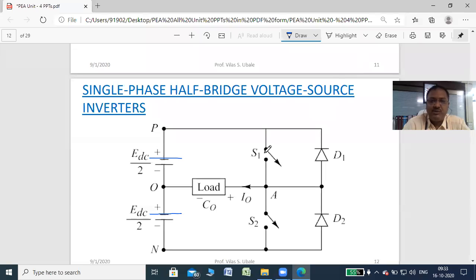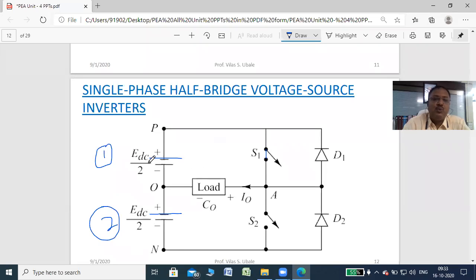Second case, when switch S1 is on, current starts to flow from the upper DC source, that is EDC1. You can give the names EDC1 and EDC2, or EDC1 by 2 and EDC2 by 2.